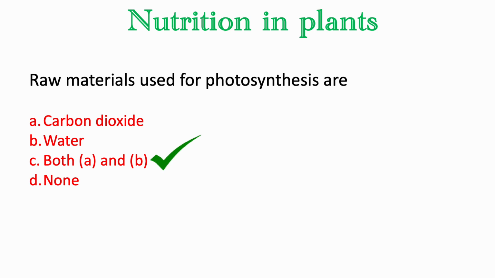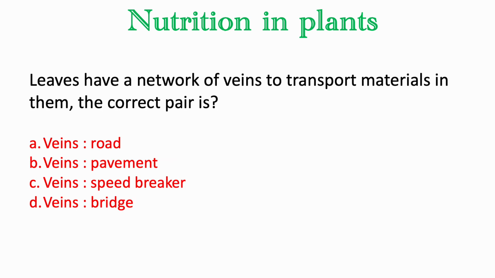Correct answer is option C, both A and B. Next, leaves have a network of veins to transport materials in them. The correct pair is veins-road, veins-pavement, veins-speed breaker, and veins-bridge. Correct answer is option A, veins-road.